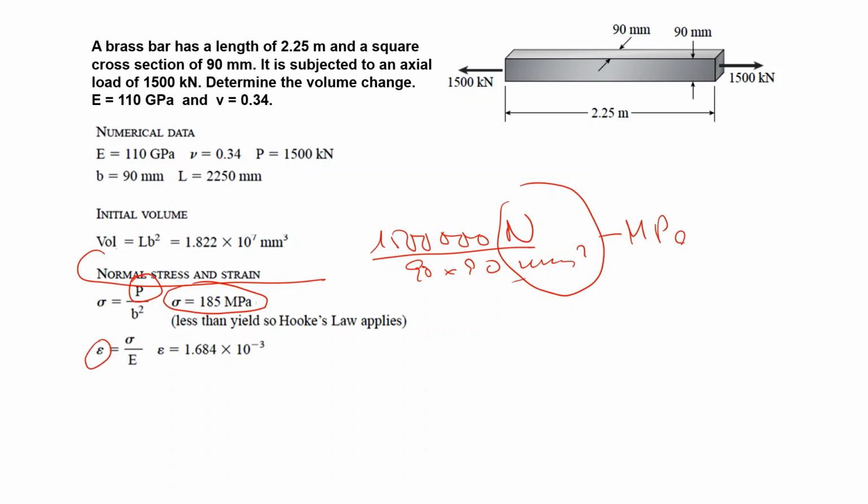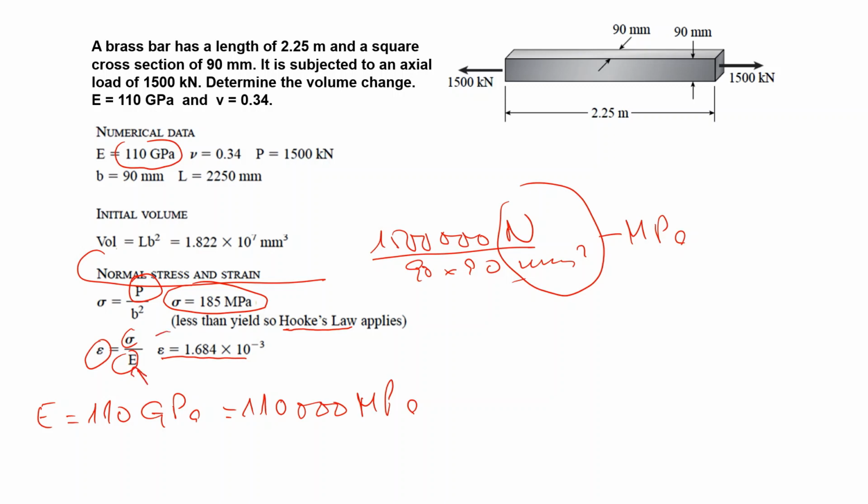Epsilon in the Hooke's law relation, sigma over E, and you know that E is 110 gigapascal or megapascal. So if you use both in the same unit, you will get a dimensionless strain value. These two values are the stress and the strain in loaded condition.